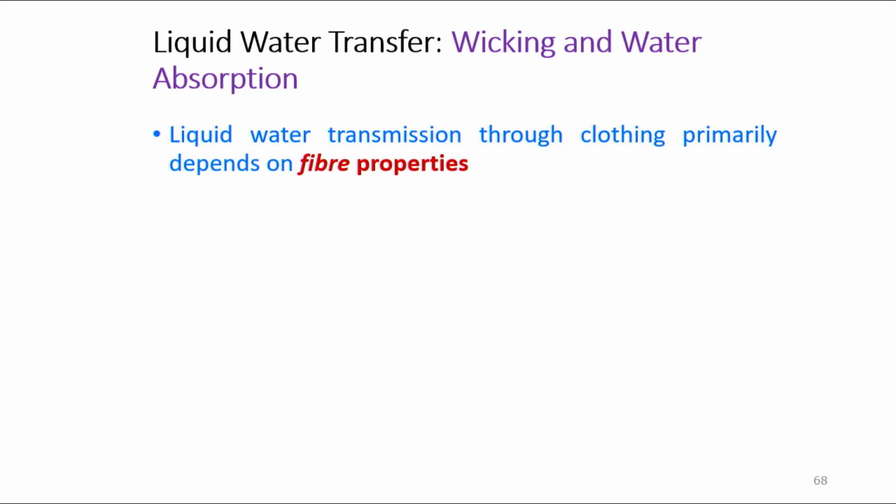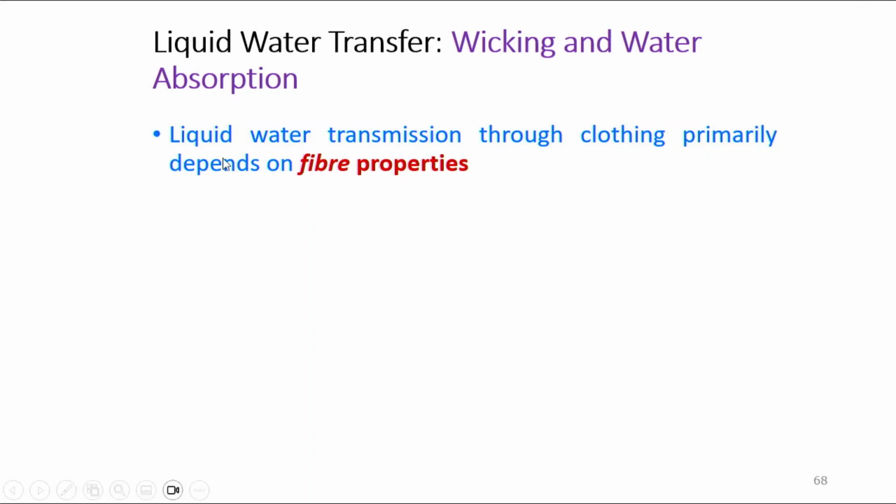Liquid transmission has two stages: one is wetting and then wicking. Wetting means the liquid penetrates inside the fiber structure, and wicking means it transmits from one place to another.